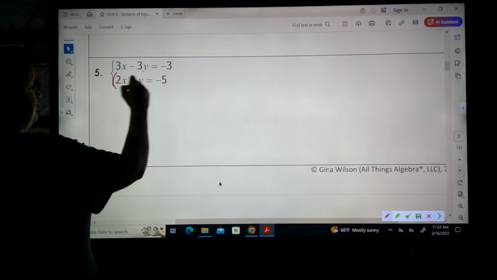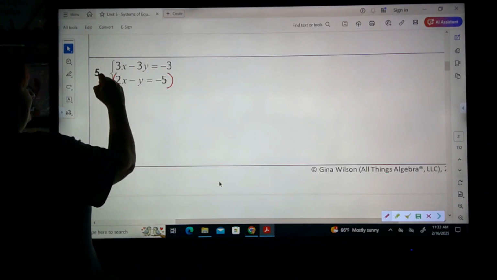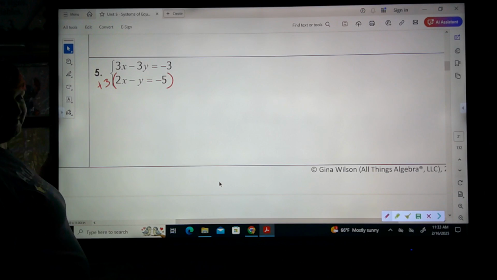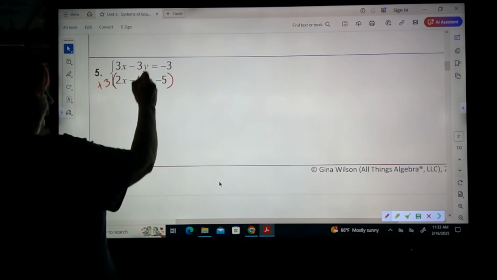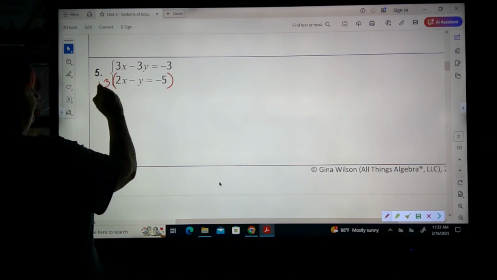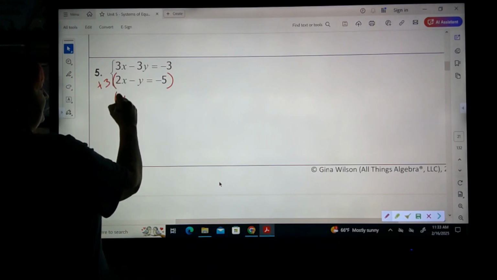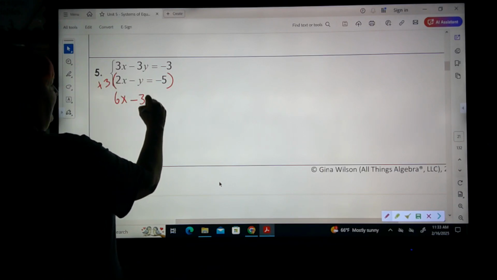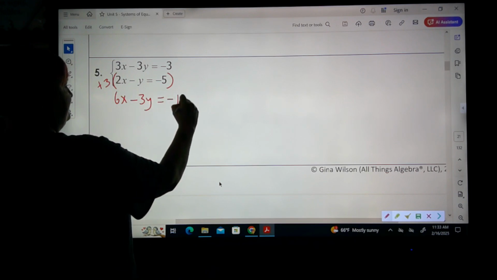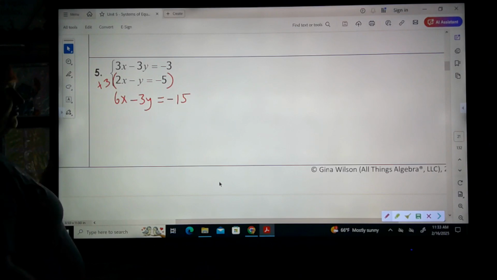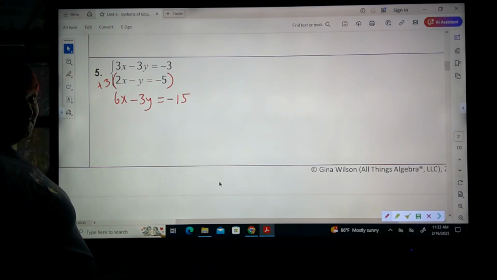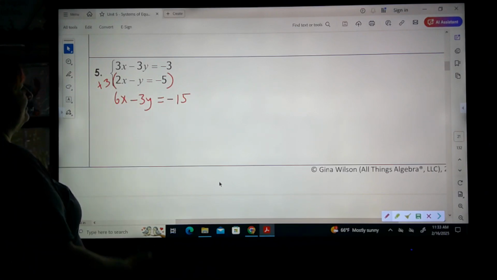I just have to multiply this one by positive 3 to make it opposite, right? So that would be 6x minus 3y equals negative 15. Be careful when you're distributing to think about your negative signs.